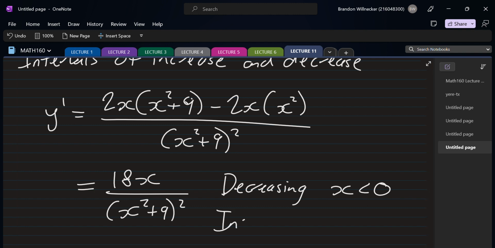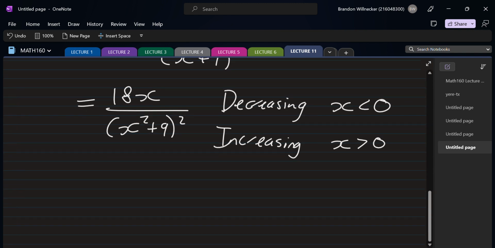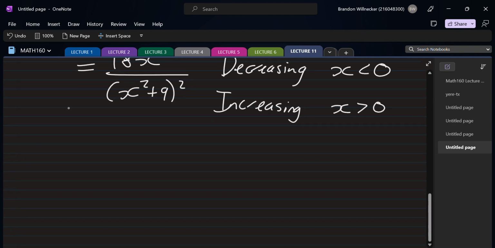And it's going to be increasing when x is greater than 0, because y prime is greater than 0, the gradient is positive, which means it's increasing. So before x is 0, it's sloping down. After x equals 0, it's going up again. Which means at x equals 0, we have a local min, because it decreases down to the local min and then increases again. Okay, so that's everything we need to sketch this.